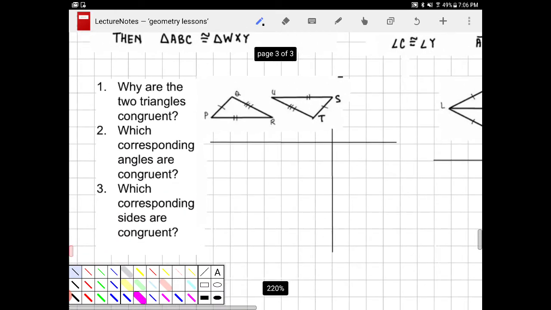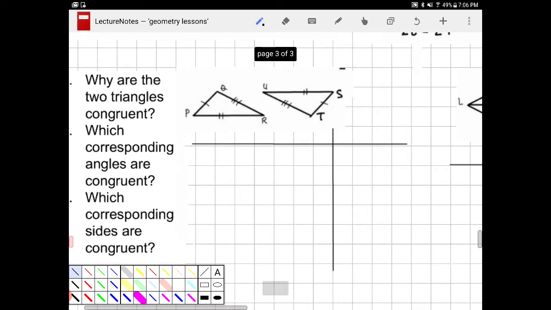For this example, I want you to go through and explain why the two triangles are congruent, which corresponding angles are congruent, and which corresponding sides are congruent. I'm going to write here in a statement and reason chart. There's nothing given in this example other than the diagram itself.